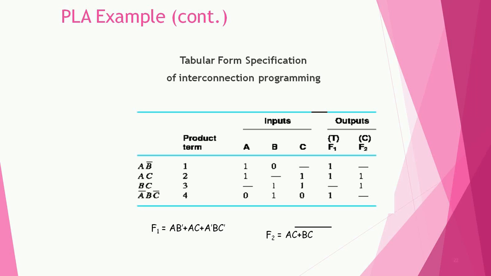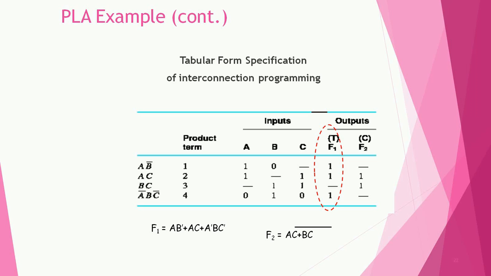AB bar is the first product term, that's why 0 is written below the B, and C is not present, that's why a dash. Next is AC, similarly BC and A bar B C bar, but the first, second and last product terms are present in the expression of F1, as we can observe.